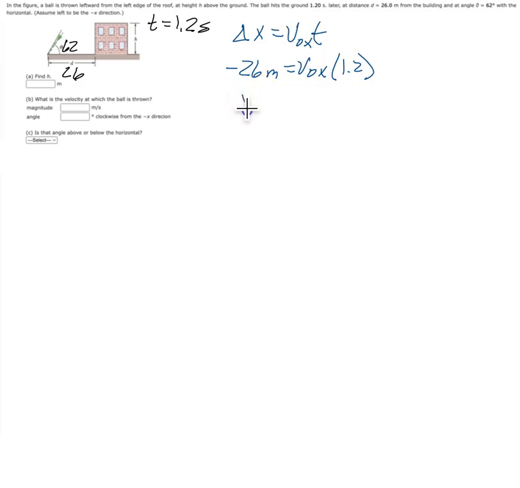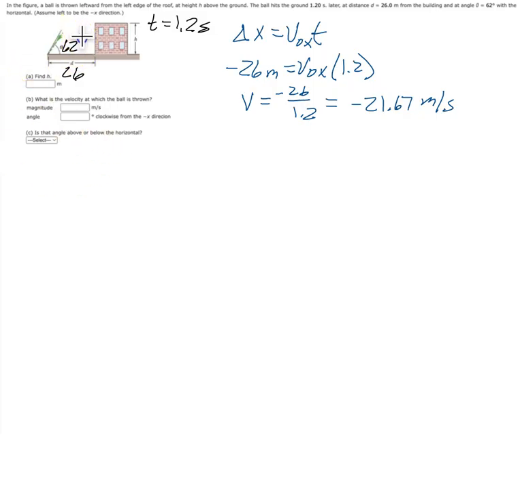So the speed is negative 26 divided by 1.2, and we end up with negative 21.67 meters per second. Throughout the flight, that is the speed.